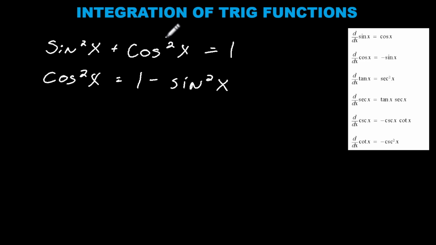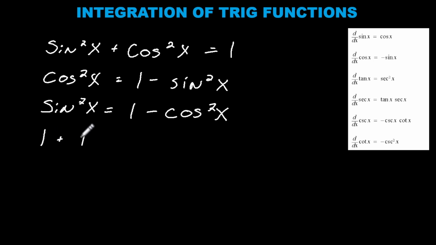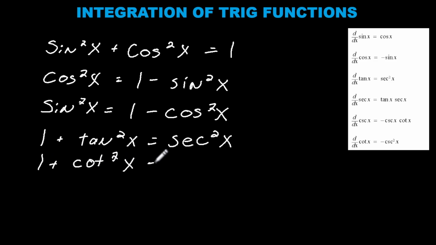And if I was to subtract cosine squared x from both sides, I would get sine squared x equals 1 minus cosine squared x. A few others that are common. So you have 1 plus tangent squared x equals secant squared x. And 1 plus cotangent squared x equals cosecant squared x.